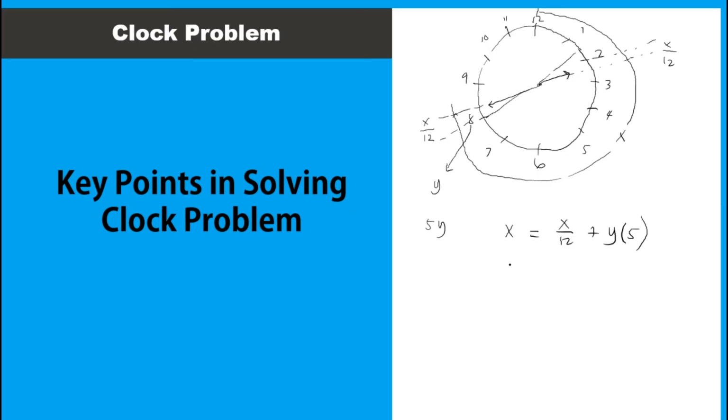So this is our general formula. We have x is equal to x over 12 plus 5y. You can say that you have x times 1 minus 1/12 is equal to 5y.